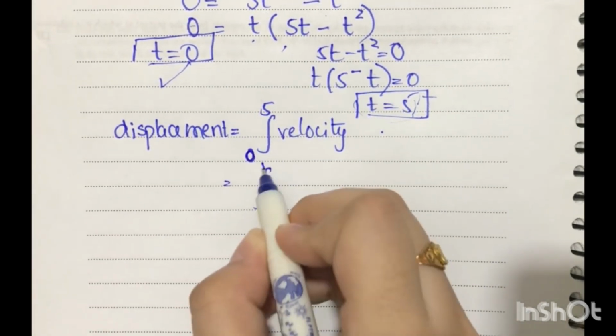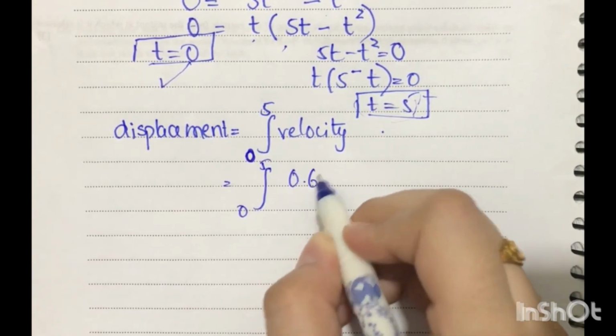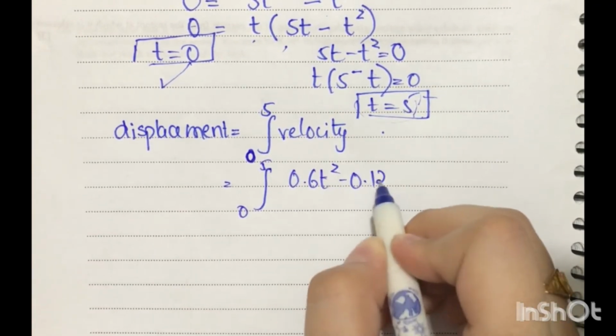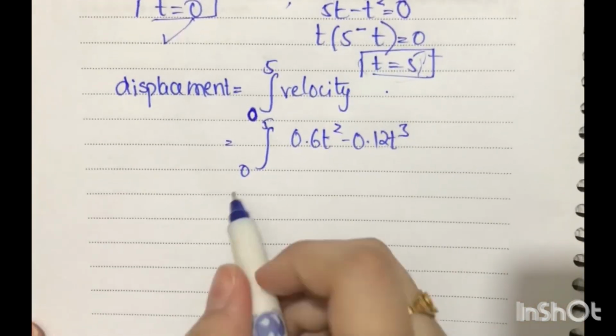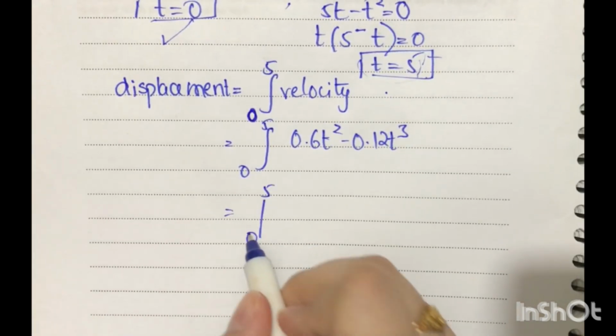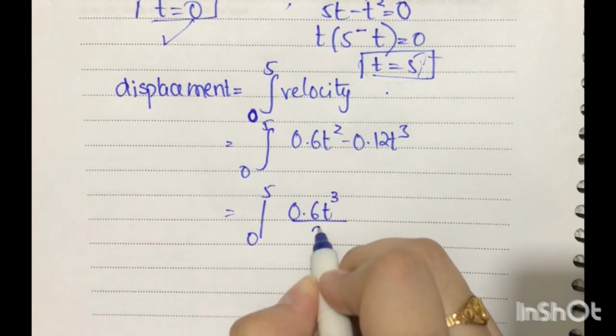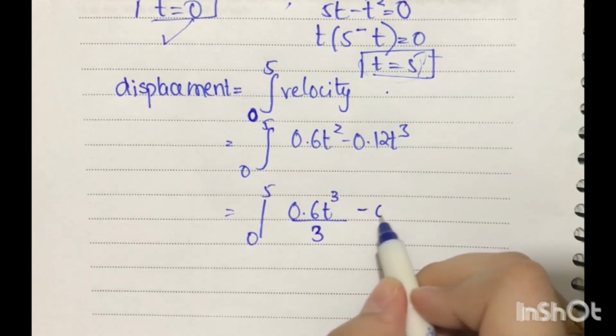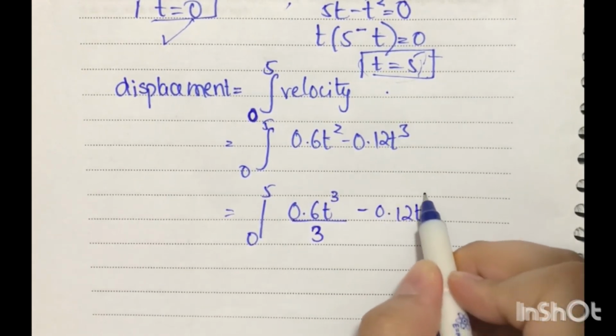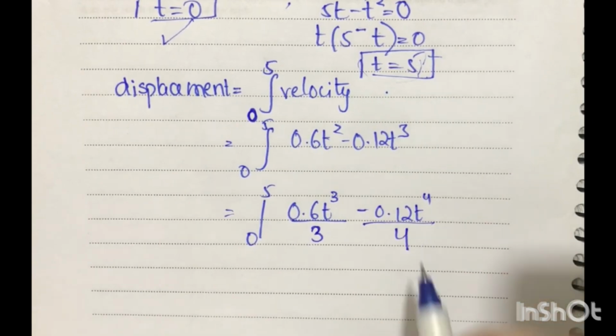So when we integrate this, we'll have 0.6t cubed divided by 3 minus 0.12t raised to power 4 divided by 4.